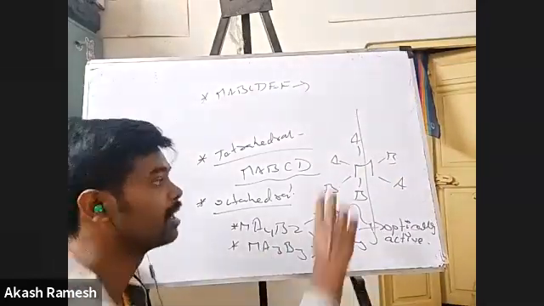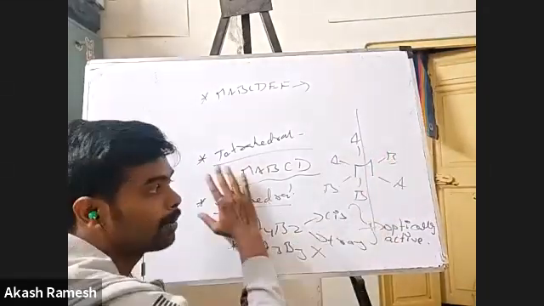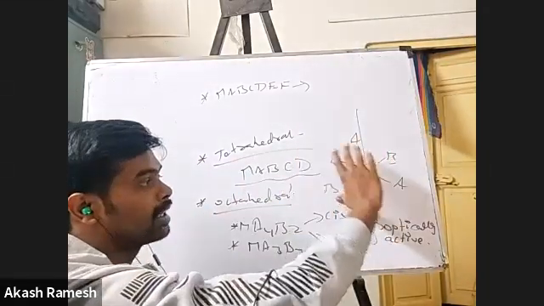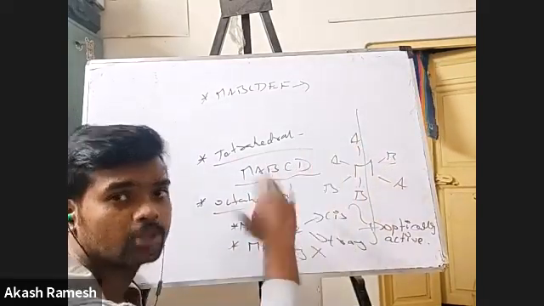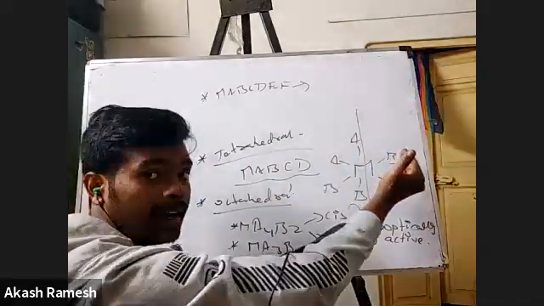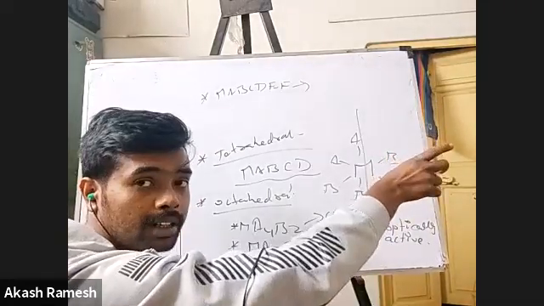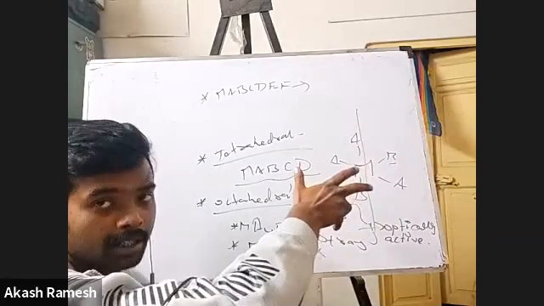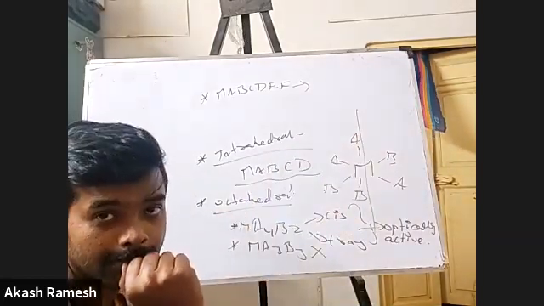Or you can see it like this. Maybe you will tell that this is AB and this is BA, right? So when the plane polarized light is coming, say when it meets this point, it is rotated by some 5 degrees to the right. Now when it crosses here and comes to this side, can I say this is going to nullify it? This is going to rotate that plane polarized light towards the left by 5 degrees. So what will happen? The net rotation is 0. Are you able to get my point? Yes, sir. Okay, fine. Cool.